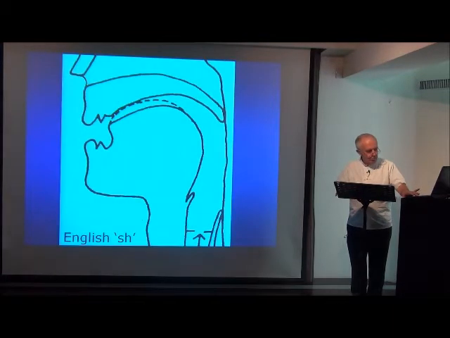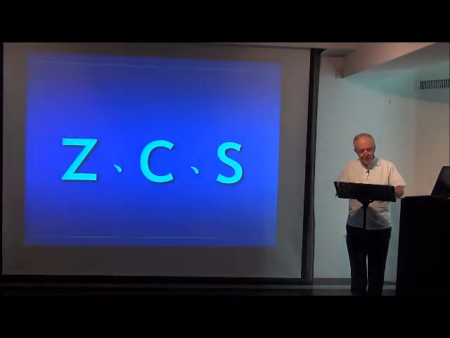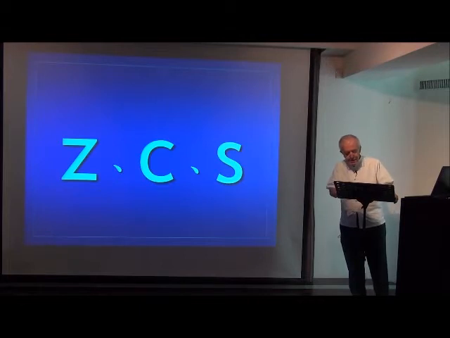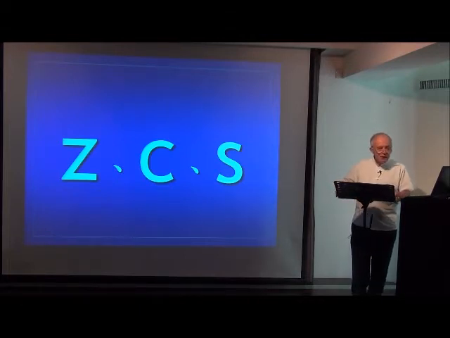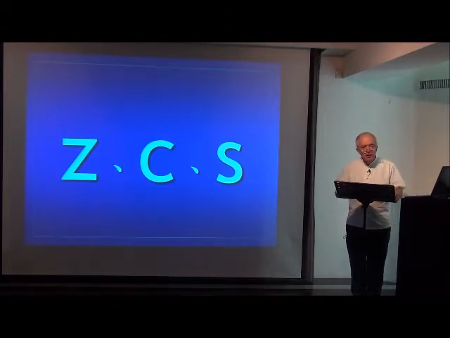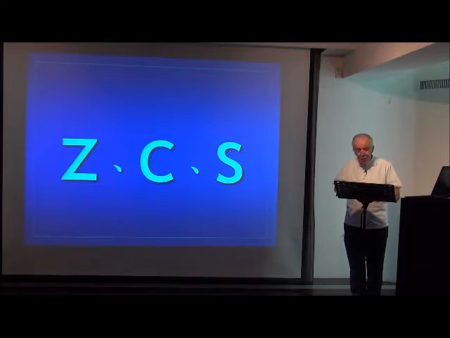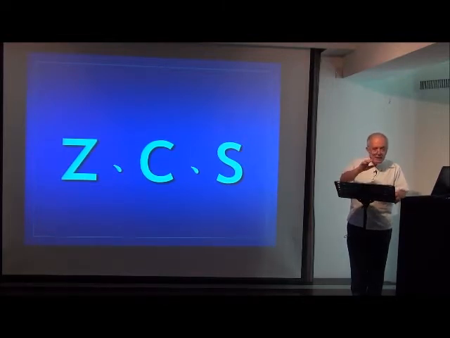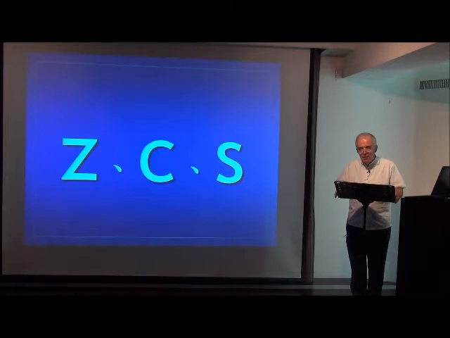Then the final group is z, c, s. The z isn't much of a problem because it comes in English. You take the word woods. At the end, woods is the z. What about the c? Some people assume if z comes in woods, c comes in hats. But that's not correct.